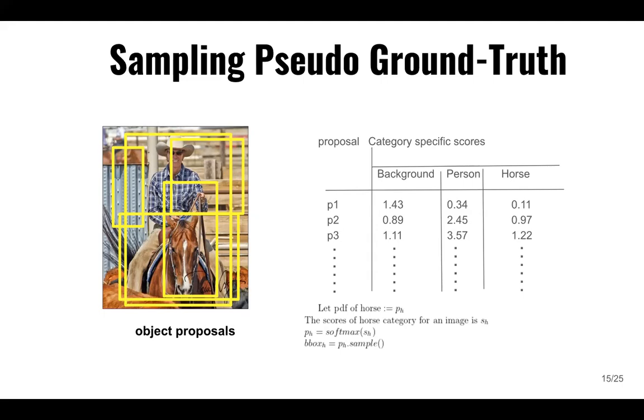And we use these scores and do a softmax sampling from the distribution that we can get from the scores. So if I say that there is a person in that image, I take all the proposals' person scores and then sample from that, like say 5 samples for the person, and then compute the classification and localization losses.